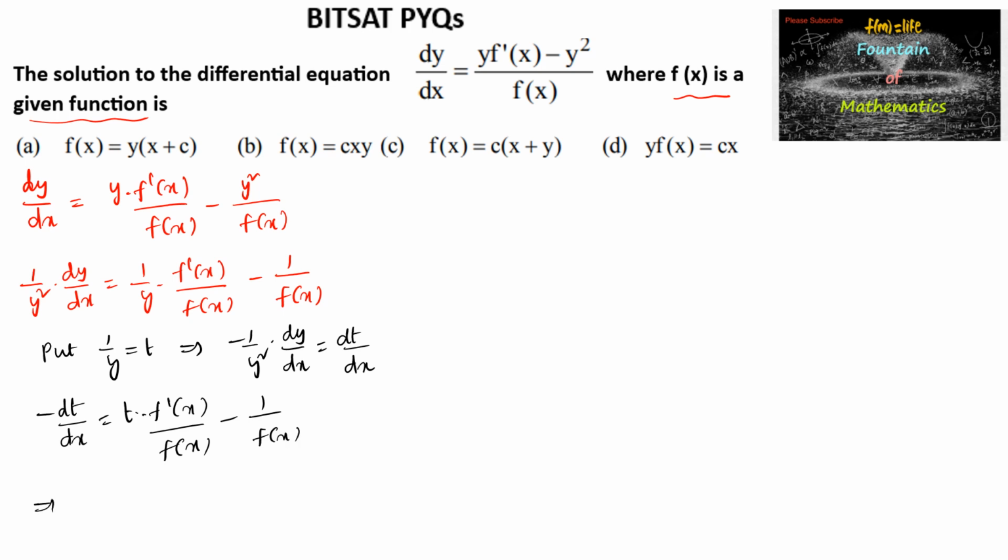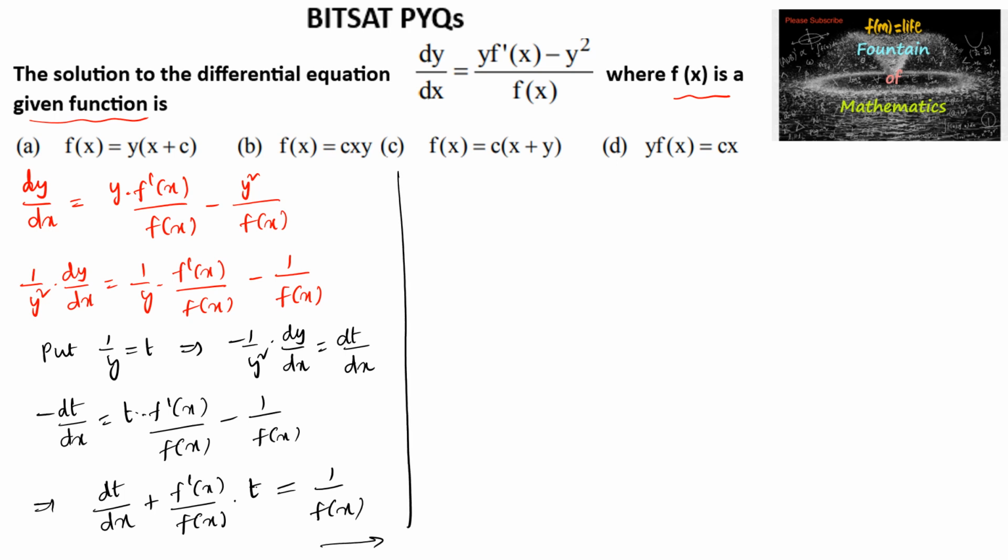So this can also be written dt by dx plus f dash of x upon f of x into t is equal to 1 upon f of x, which is in the form dy by dx plus p of x into y is equal to q of x.